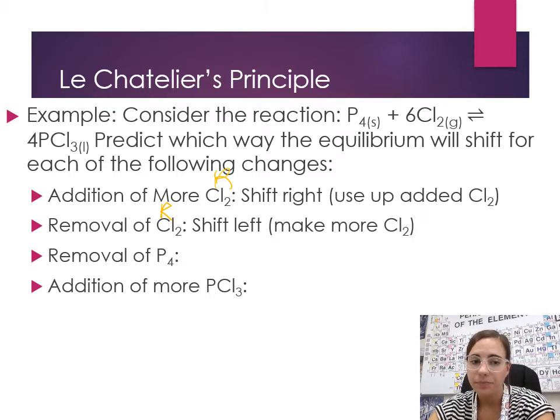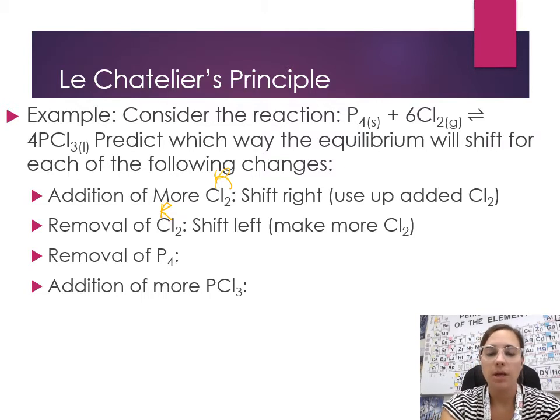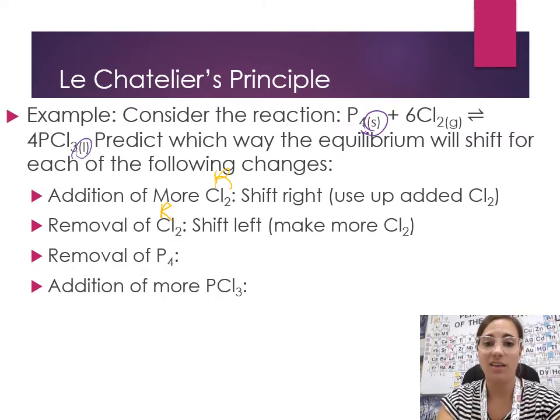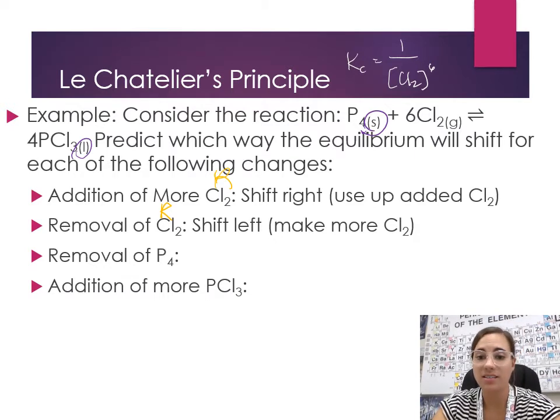Now, the second two are a little bit tricky, because if we look at this reaction, I have a solid and I have a liquid in there. So if I wrote K for this reaction, I would actually just have 1 over chlorine to the 6, because solids and liquids don't appear in an equilibrium expression.